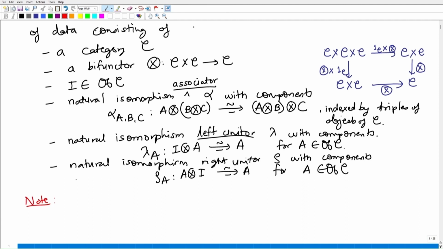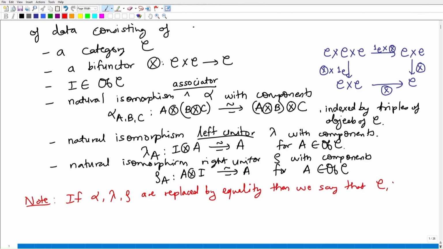So note that if alpha, lambda and rho are replaced by equalities, then we say that C tensor, I mean we usually just write this, is a strict monoidal category. Strictness means everything is happening up to equality. We don't need to keep track of this.